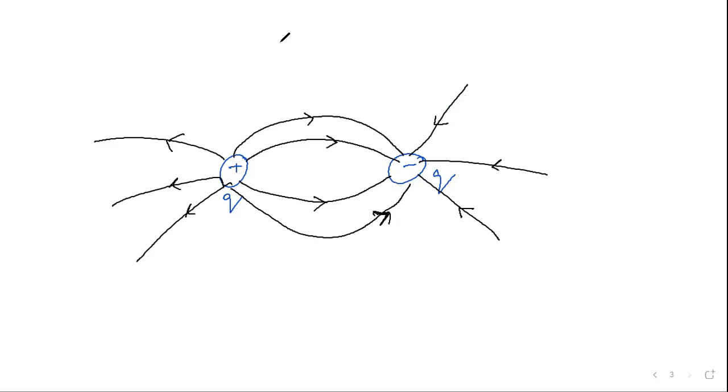Now I draw 3 or 4 Gaussian surfaces. Let this be my one closed surface, S1. Then I construct another Gaussian surface. Let this be S2.